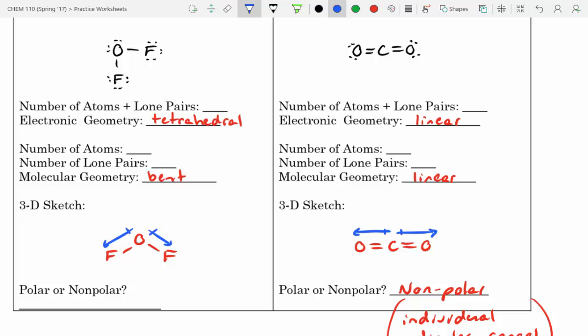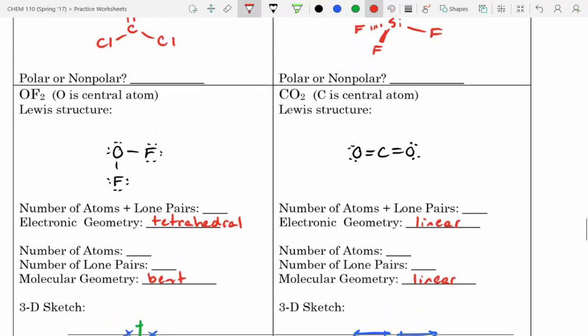Both pulling down. So oftentimes what chemists will do is they'll average these two dipoles in the same direction, and they'll say the net dipole is kind of pointed in that direction indicated by the green arrow. That would be the average of the two blue ones. So this molecule would be polar. They don't cancel out because they're not pulling in the exact opposite directions.